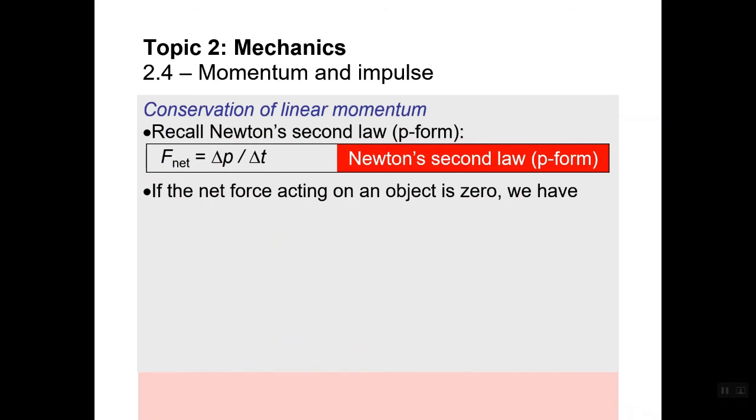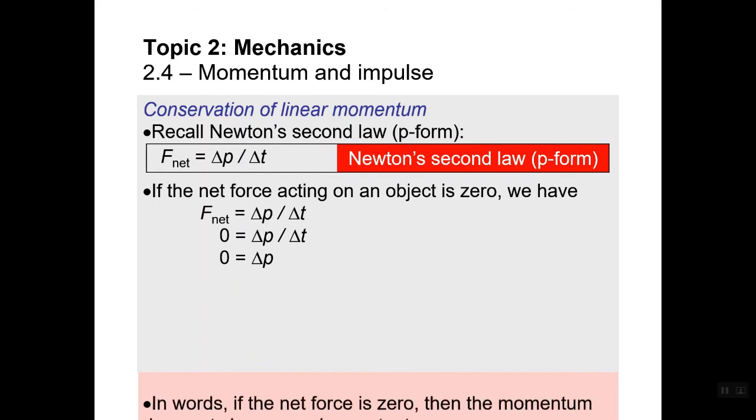Conservation of linear momentum. This is very important. Newton's second law: net force is proportional or equal to the rate of change of momentum. If the net force acting on an object is 0, we have this, and that gives us change in momentum equals 0.